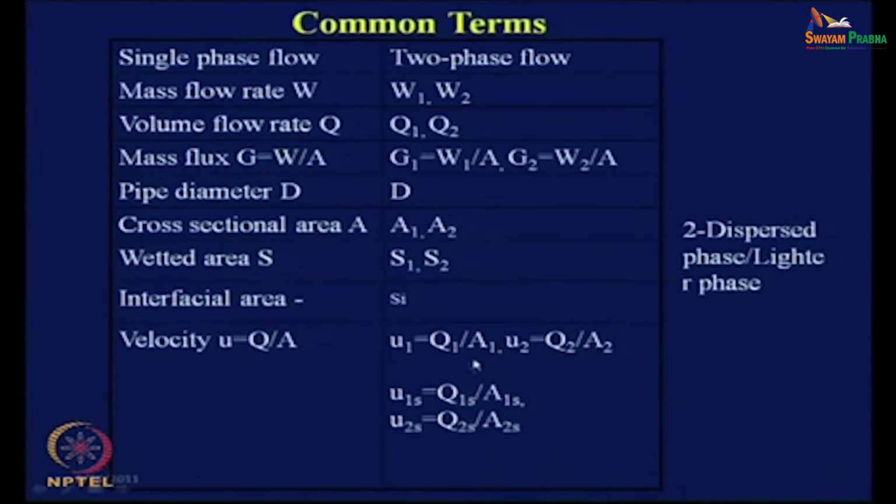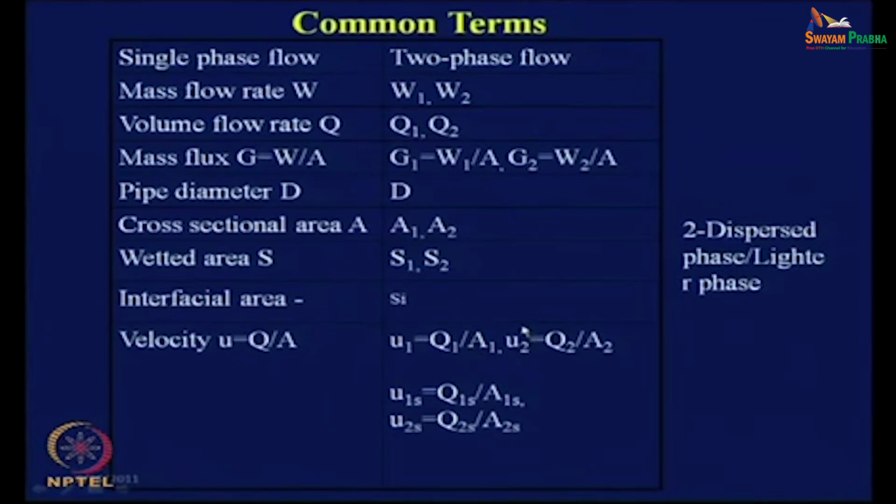We found that the common definitions are the in situ velocities, which are Q1 by A1 and Q2 by A2. Now, since A1 and A2 are non measurable parameters, they depend upon the phase physical property, the interfacial distribution, the conduit characteristics and so on and so forth. Therefore, these two parameters cannot be controlled by the experimenter or the designer.